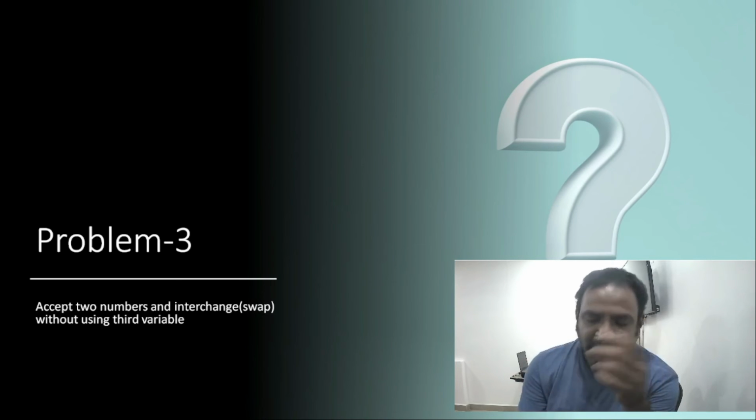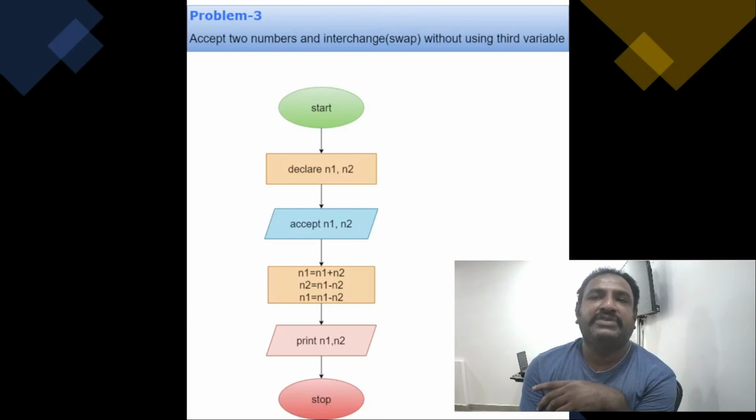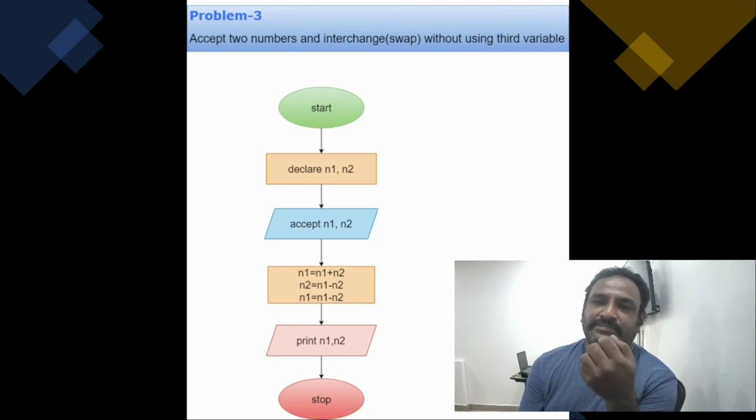For example, I'll explain with this flow chart. After accepting, the first statement is n1 equal to n1 plus n2. In this case, what happened? If I take the n1 value as 25 and the n2 value as 38, the n1 value becomes 25 plus 38, it becomes 63.